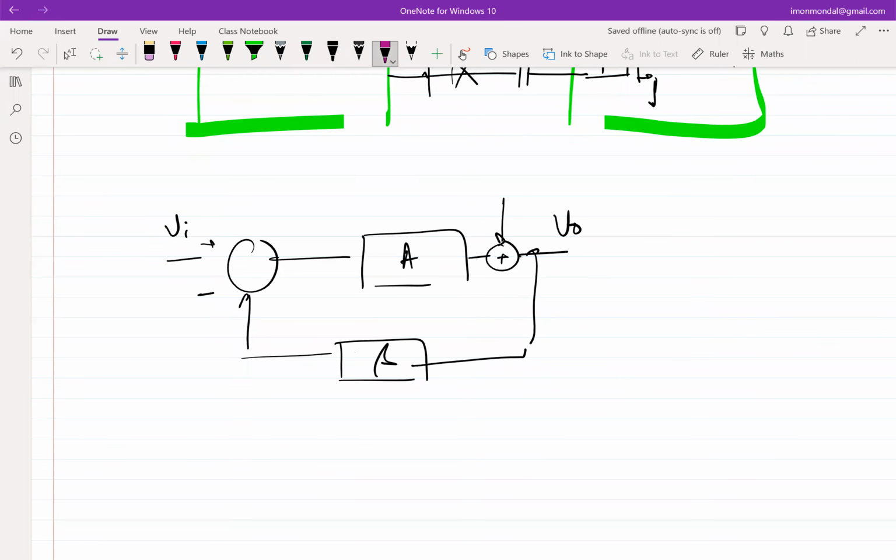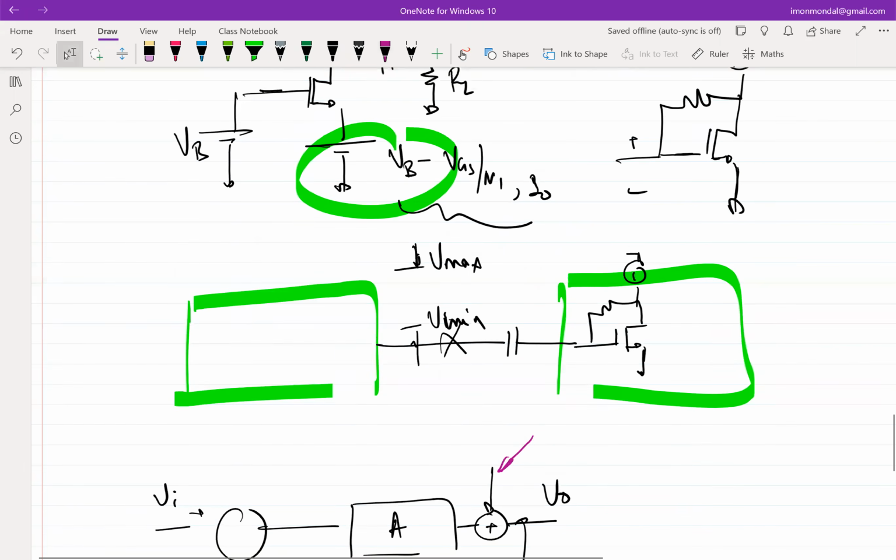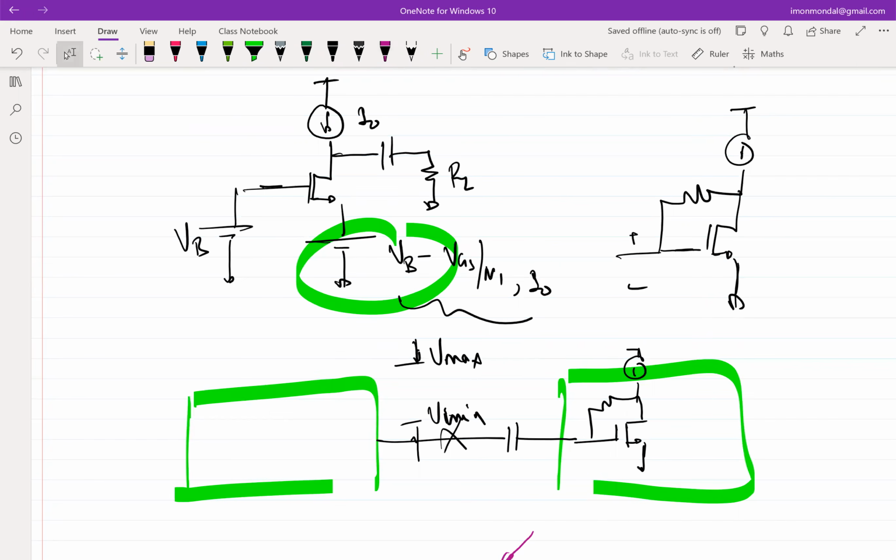But if you apply a disturbance somewhere else in the loop, then V0 doesn't respond, at least under DC condition, or responds minimally. Why? This is by design. I don't want any other disturbance to affect the output. So when we say that you have negative feedback and you are trying to figure out a resistance at some node, and you figure out that the resistance is very high, then what are you essentially saying? You are saying that if there is some small current injection into that node, the voltage will swing wildly.